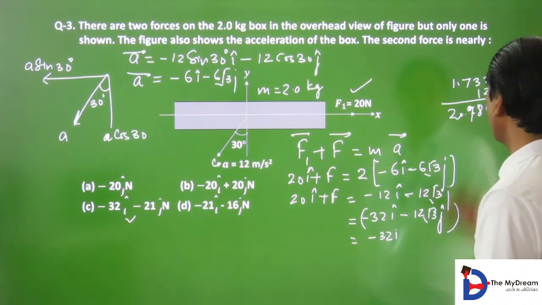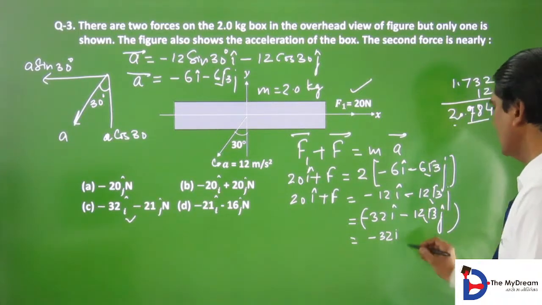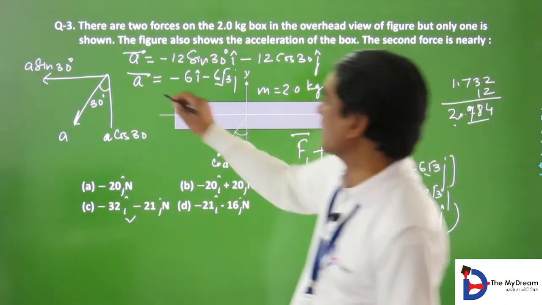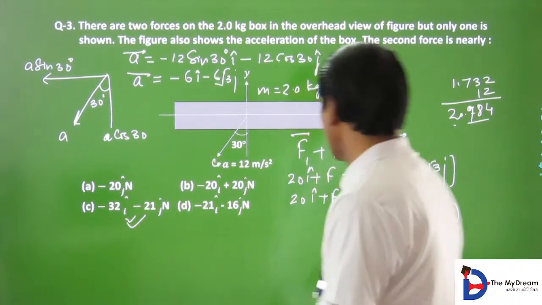So it is 20 point something, which is near about 21. So this option is correct. Option C is correct.